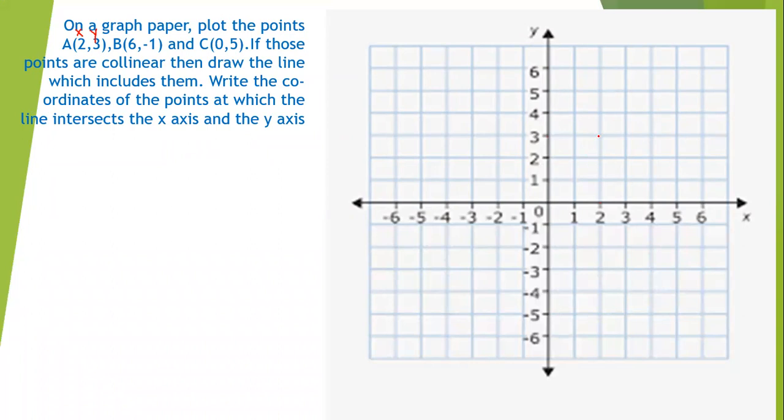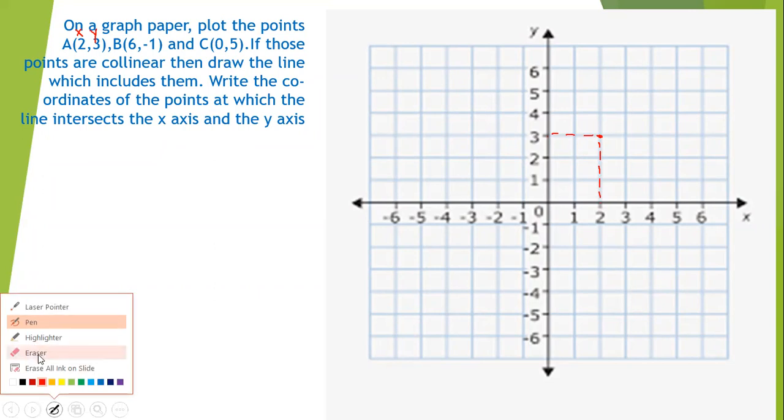When you draw the line from 2, parallel to the y-axis, and then from 3, parallel to the x-axis, the point will come over here, right? So I'm directly just drawing the point. I am not drawing those lines over here.